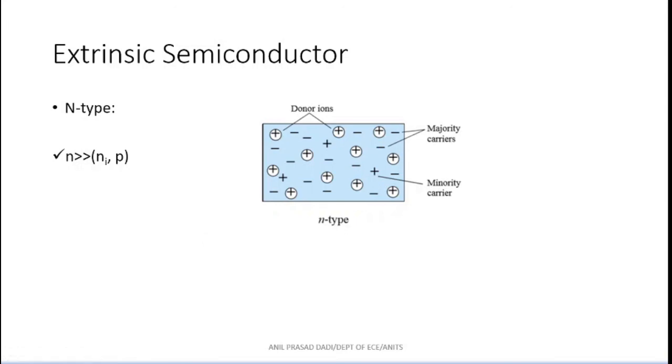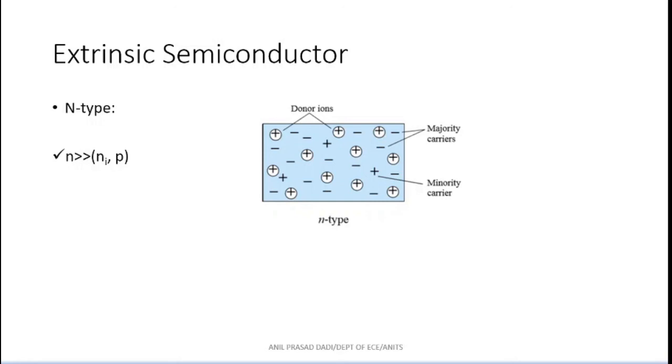Okay. So what we have seen today is the intrinsic semiconductor, where the property is n equal to p equal to ni, and for silicon it is 1.5 times 10 to the power of 10 per centimeter cube. And we have seen how the hole acts as a carrier in a semiconductor, and understood that the current in a semiconductor is due not only to electrons but also to holes.